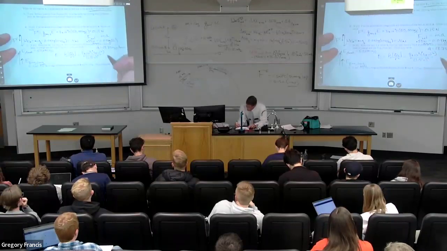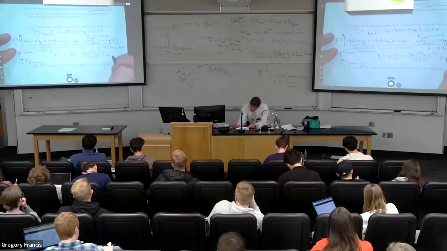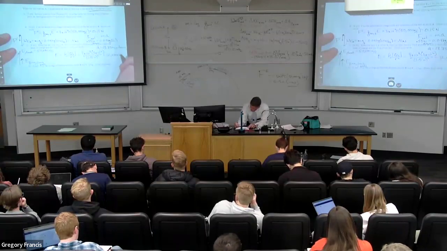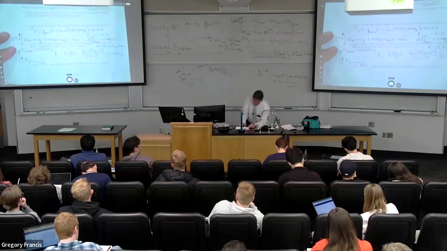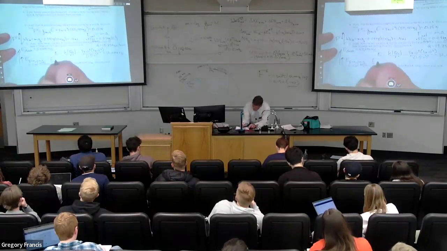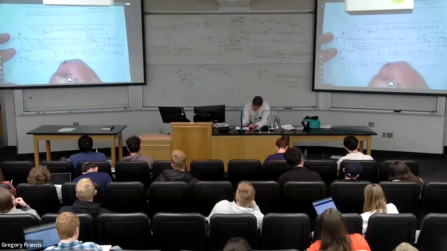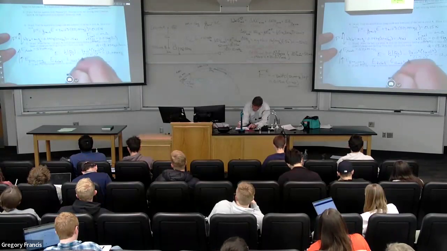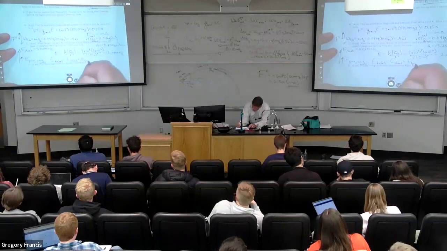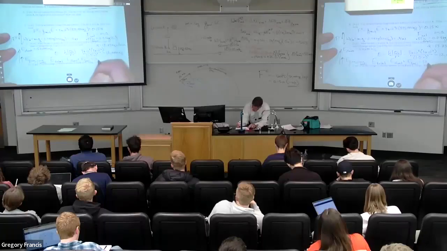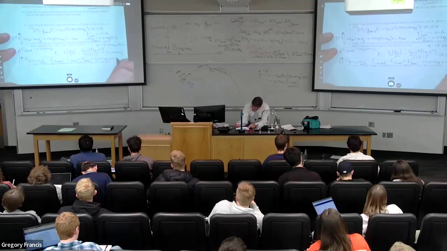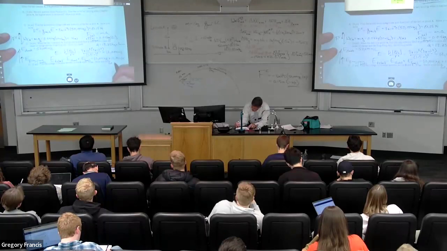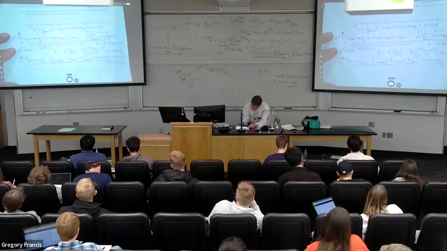And when I do that, I get 12,000 newtons per coulomb. Well, now the E total is just going to be the E due to the sheet plus the E due to the ball. And that's going to be 50,000 newtons per coulomb plus 12,000 newtons per coulomb, or 62,000 newtons per coulomb.